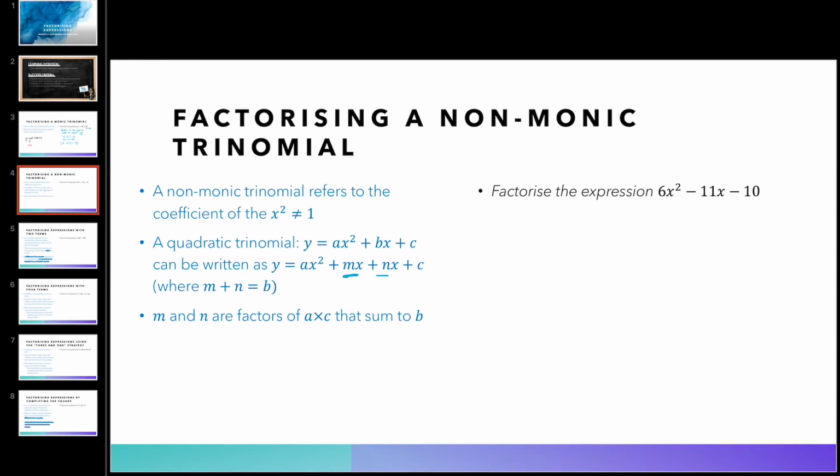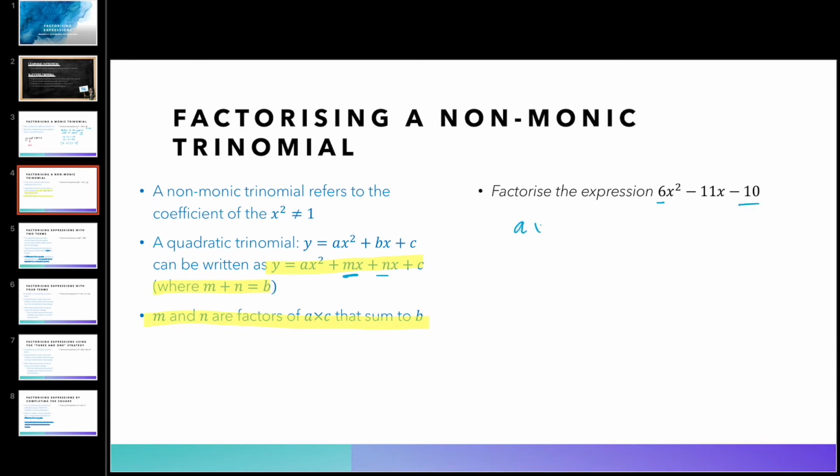Now let's apply these general theories in a more practical way. Let's have a look at the expression 6x squared minus 11x minus 10. I would start by multiplying the coefficient of the x squared term, 6, and the negative 10 together.